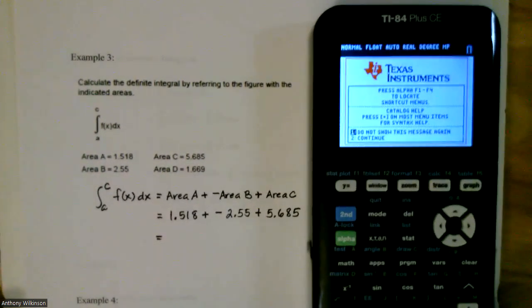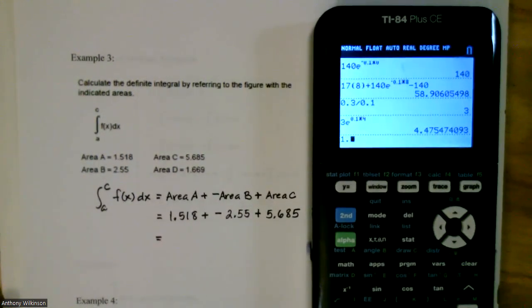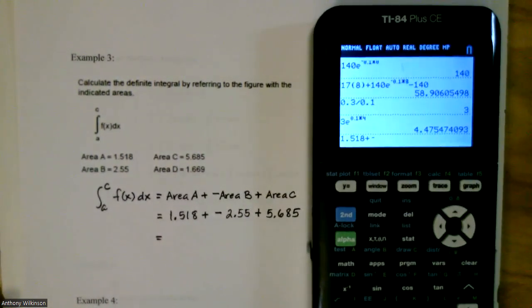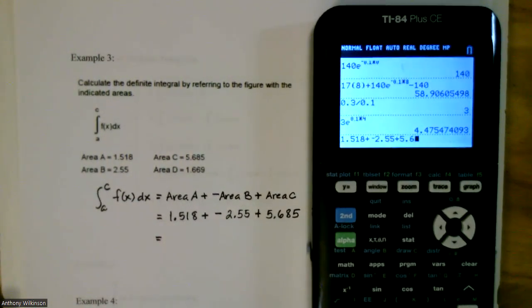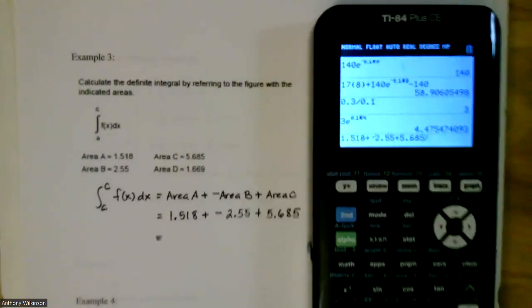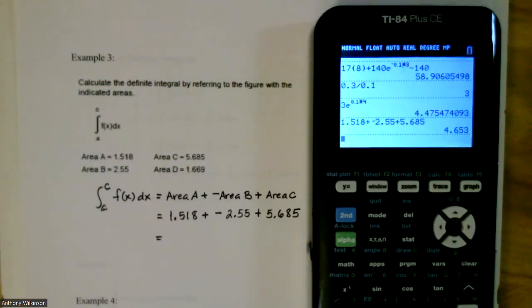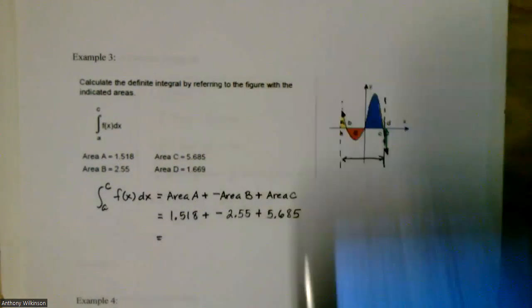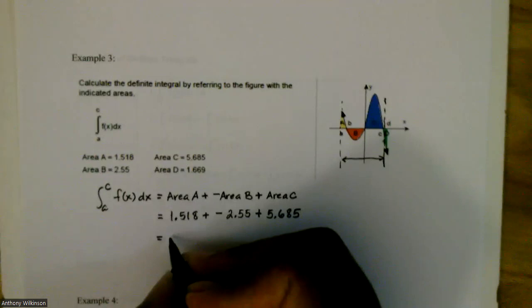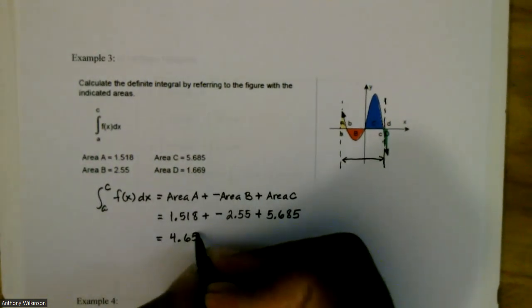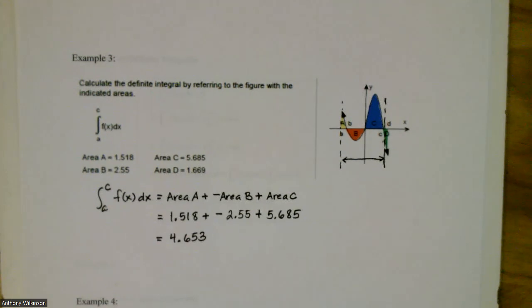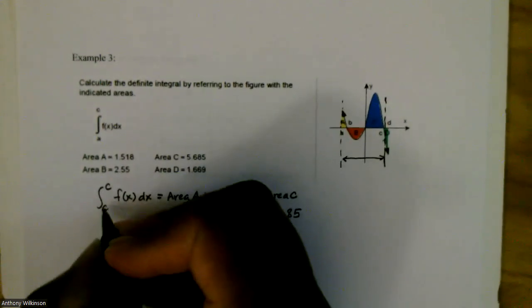So if we add 1.518 plus negative 2.55 plus 5.685, you'll get 4.653. Okay. So in this case, the integral from a to c of f of x dx will be 4.653.